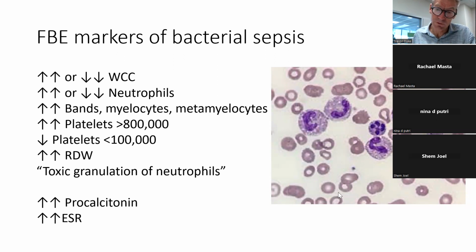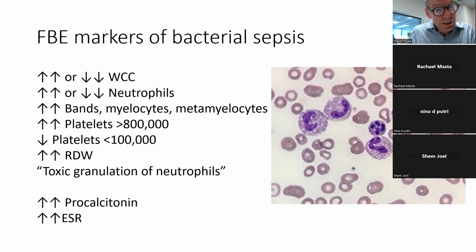And so that's why often the red blood cells are varying shapes and sizes, and that manifests as a high red cell distribution width. It's not a very specific sign, but when you add all these signs up, you can get a good idea from the patient in front of you and the blood film whether they've got a likely bacterial infection or whether they're unlikely to have a bacterial infection.